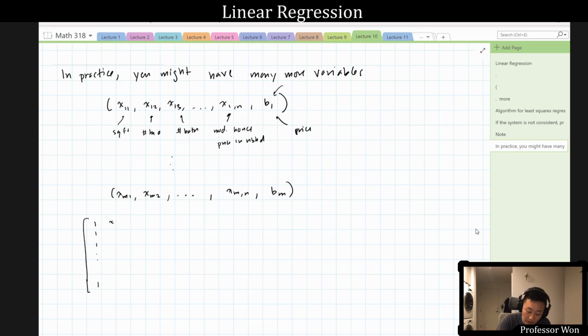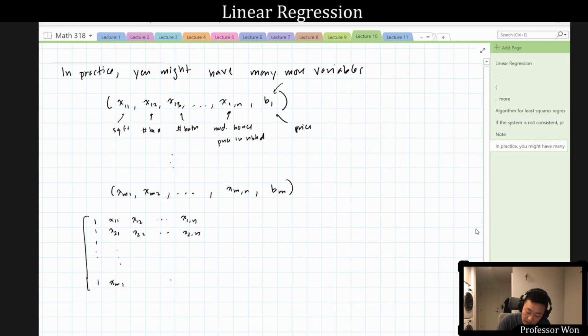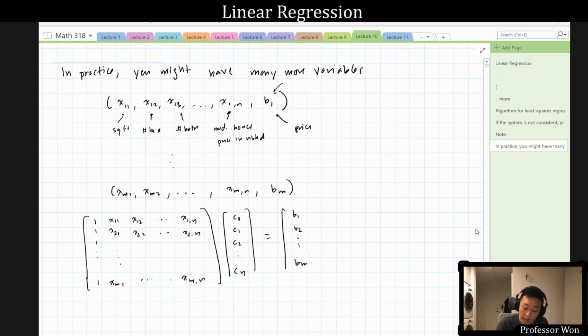And then you'll put all of these, and notice that I named these cleverly to sort of agree with matrix notation. Let me not put commas in my matrix. Right, and now instead of having a vector CD, I would have a vector maybe C0, C1, C2 down to Cn equals B1, B2, Bm.